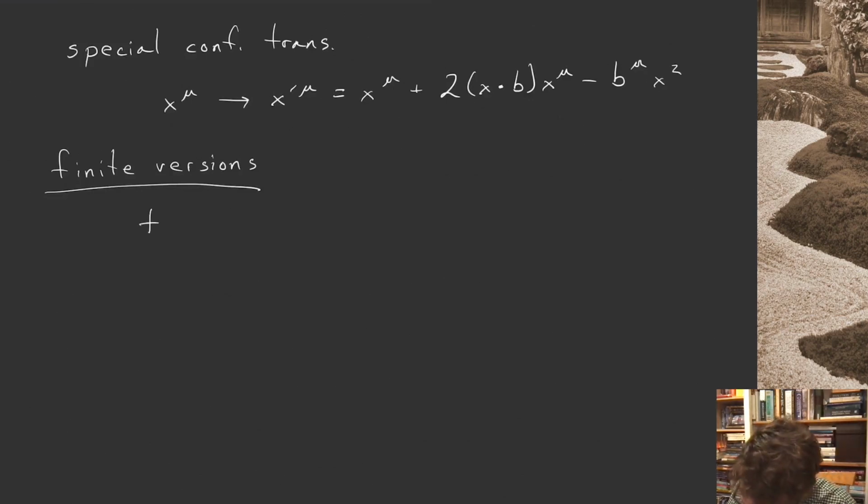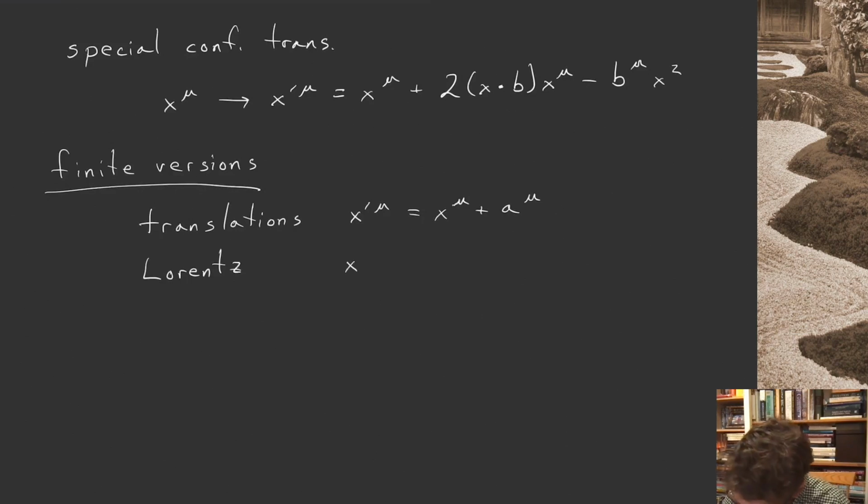A lot of these you know already anyway. Translations are exceptionally simple, right? It's just a shift of x mu by a constant vector. Lorentz, you've no doubt seen these rotations and boosts. We could write it as x prime mu equals some 4 by 4 matrix acting on the 4 vector of the position. Dilatations, we also wrote down before. The finite version, we just rescale the coordinates: x prime mu is lambda x.